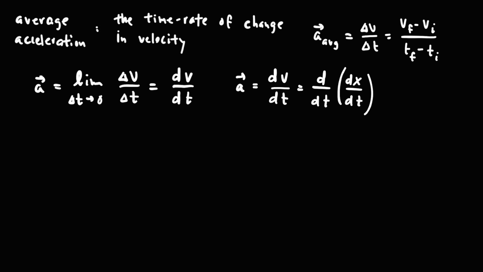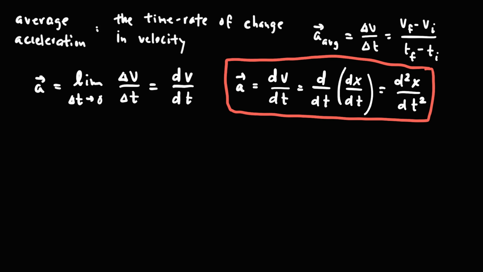Either way, those are both expressions for the acceleration. So acceleration is not only the first derivative of the velocity, but it's the second derivative of a position function, which can be written as shown.